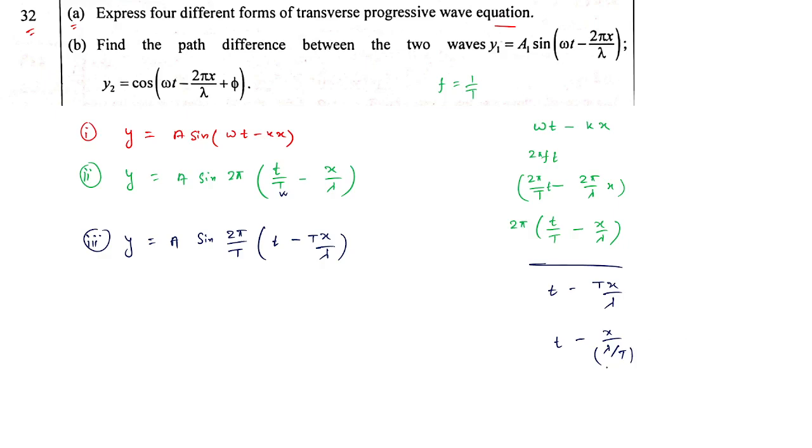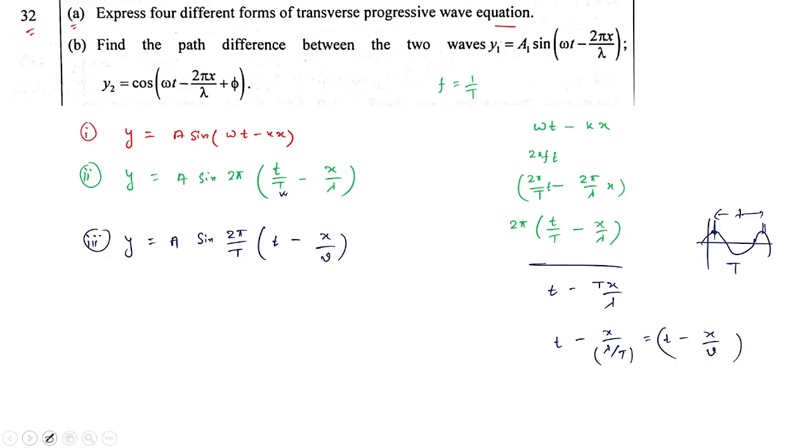And this λ/T, you know very well, is the speed of the wave, correct? Suppose this is the length λ and it takes time T to reach the signal from this point to this point. So λ/T is the speed of the wave. So we can write it as x by v.